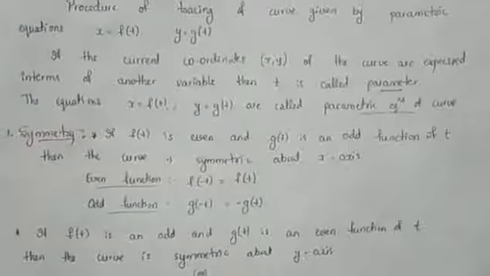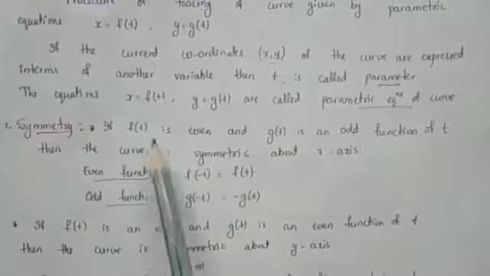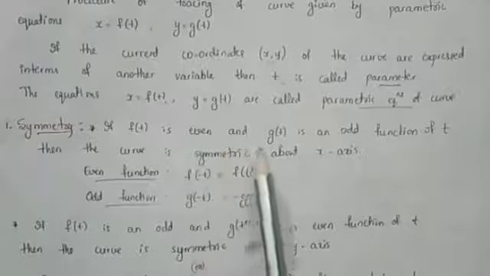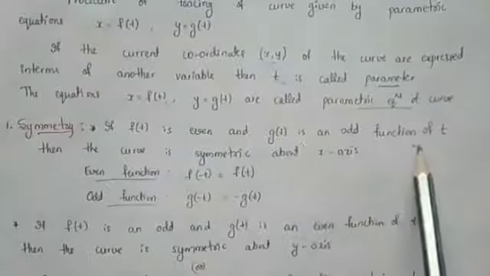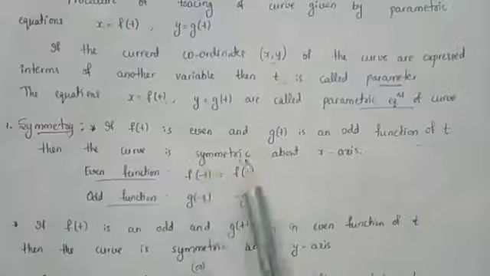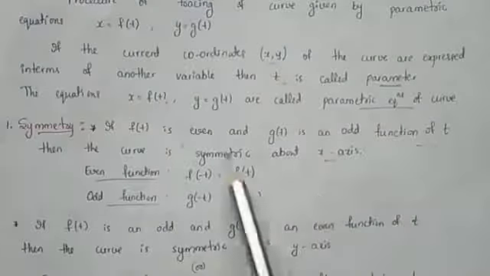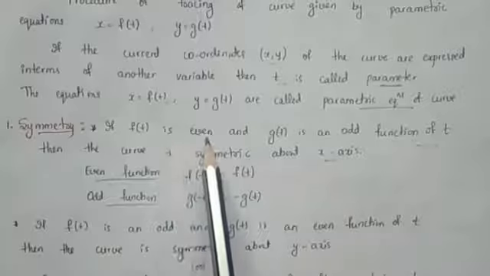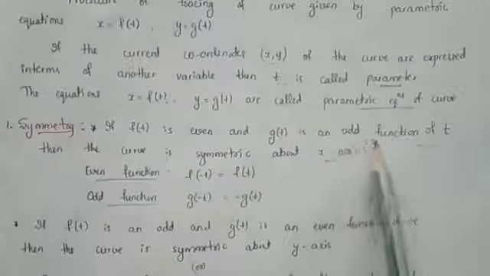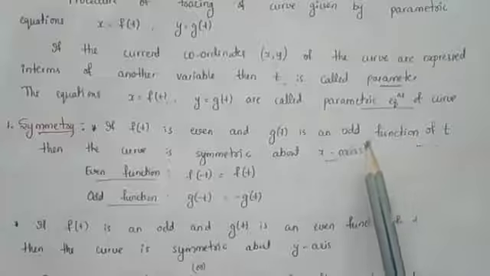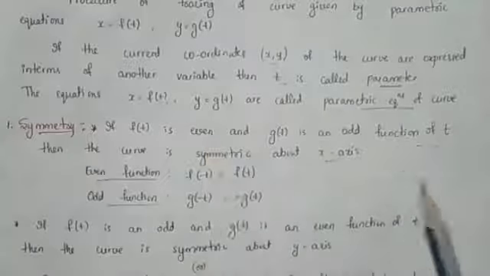The first point is the symmetry. If f of t is even and g of t is an odd function of t, then the curve is symmetric about the x-axis. What do you mean by even functions and odd functions?